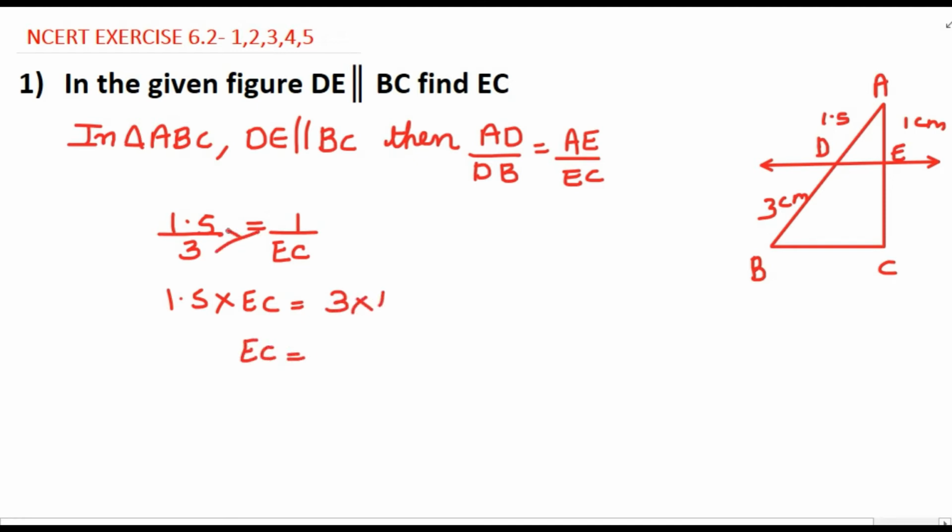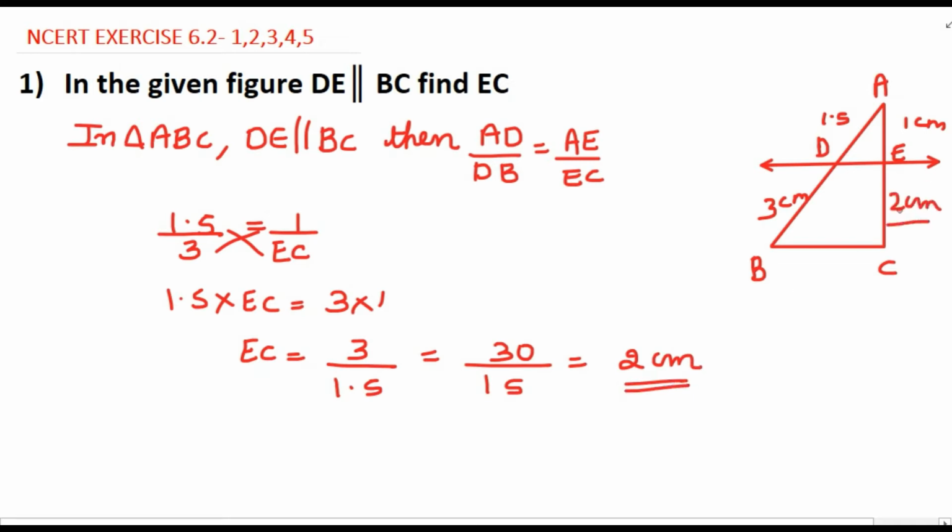So EC equal to 3 divided by 1.5. When there is a decimal in the denominator, we need to remove that. So I have multiplied numerator and denominator with 10. So 30 divided by 15 is 2 centimeter. So EC is 2 centimeter.